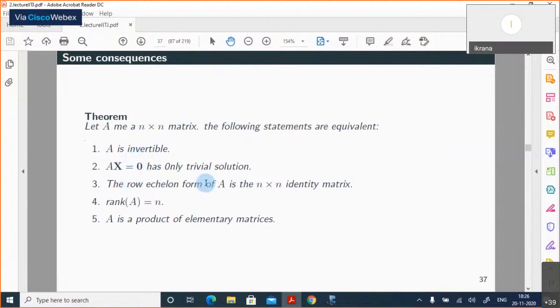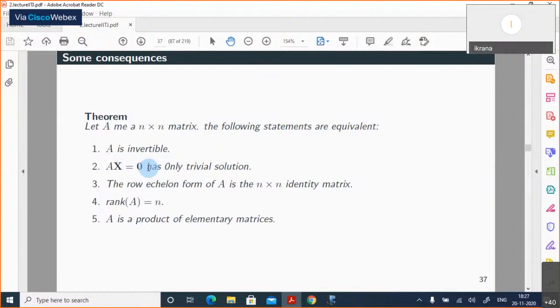The row echelon form of A is the identity matrix, and that is the same as saying the rank is equal to n, and that we saw is equivalent to saying A is a product of elementary matrices. Ax equal to 0 is normally called a homogeneous equation.